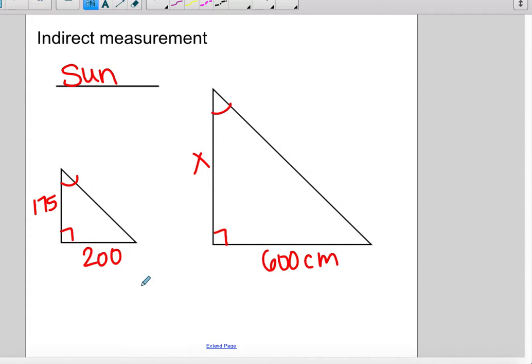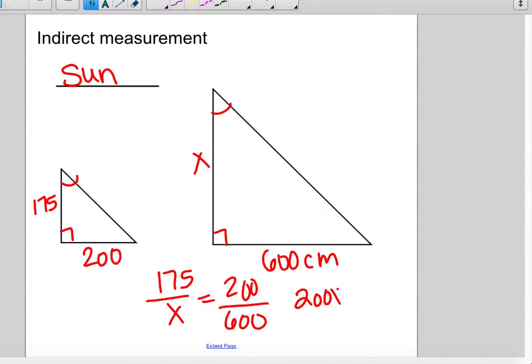We know the sides are proportional. So 175 centimeters over x would be equal to 200 over 600. We could have written 175 over 200 equals x over 600, but either way, they could be set up like this. And we would, again, have cross products set equal to each other.